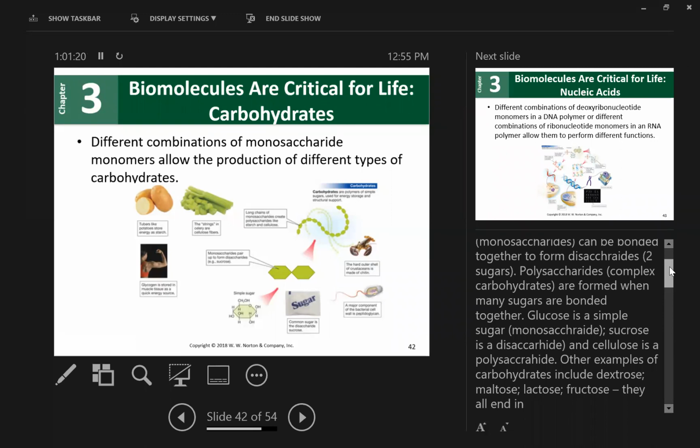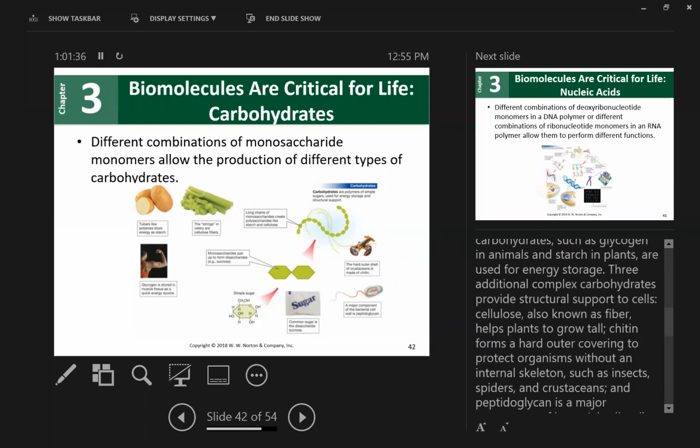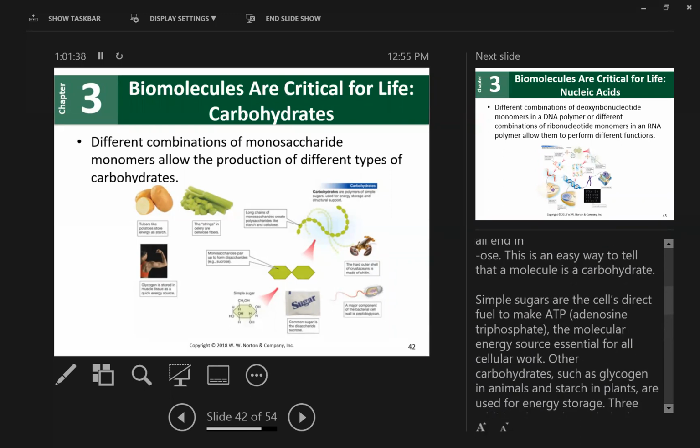And then there's all kinds of other examples of sugars that can be found that are carbohydrates. So you have lactose, which is found in milk, and fructose, but they all end in "ose," which is an easy way to tell if a molecule is a carbohydrate. So simple sugars are a cell's direct fuel to make ATP.